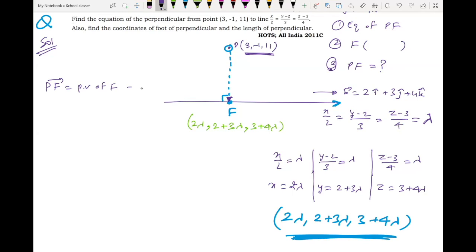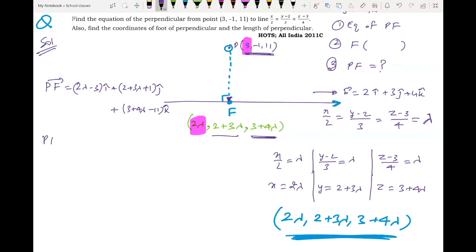In fact, we can take it directly. This is 2 lambda and this is 3. We will write 2 lambda minus 3 i cap. Then you take this, which is 2 plus 3 lambda minus 1, which is 1 plus 3 lambda, j cap, plus you take this one, which is 3 plus 4 lambda minus 11, k cap.